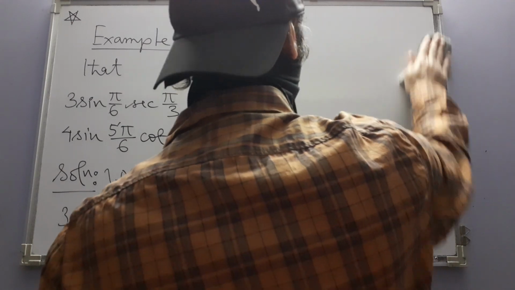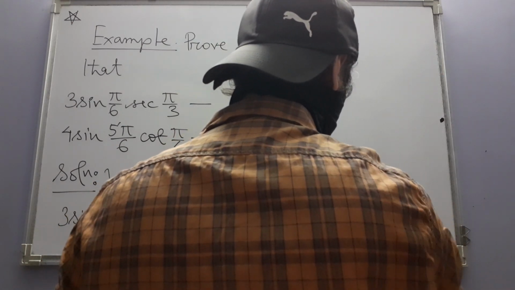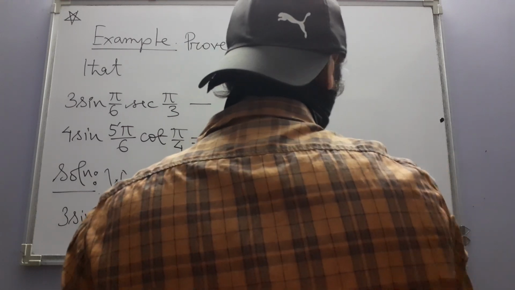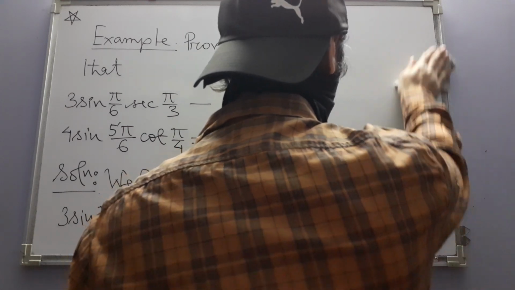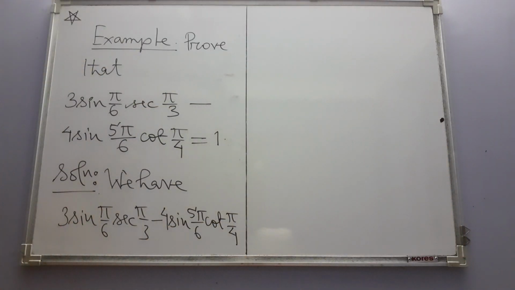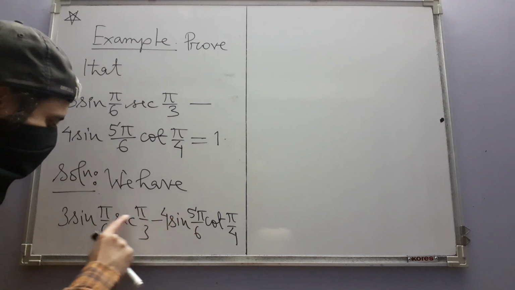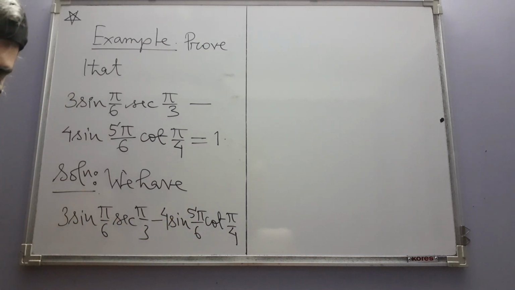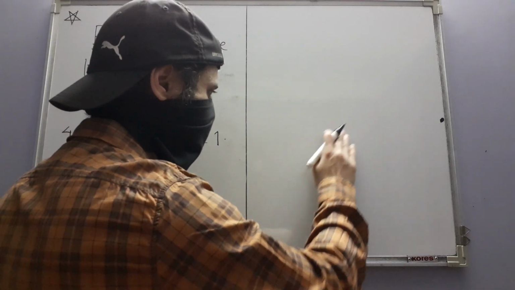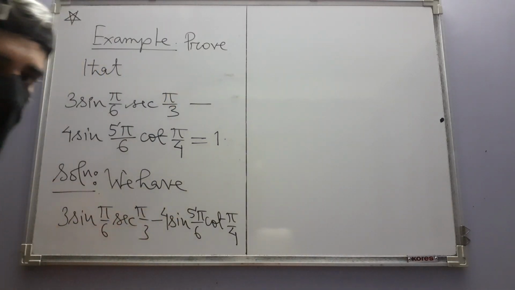Some of them you already know from your school days, from your 9th standard or 8th standard, I don't exactly remember, where you get these trigonometric values for the first time. But some of them you can immediately find from the definition itself using the unit circle.